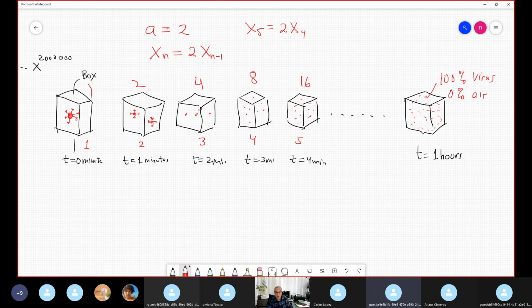If I want to investigate at 1 minute, this is the question, guys. At 1 minute, I suppose it's an intermediate situation here. We have a lot of coronavirus, but not too much. We have 50% virus and 50% air.